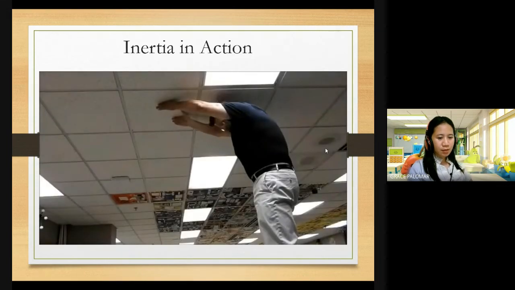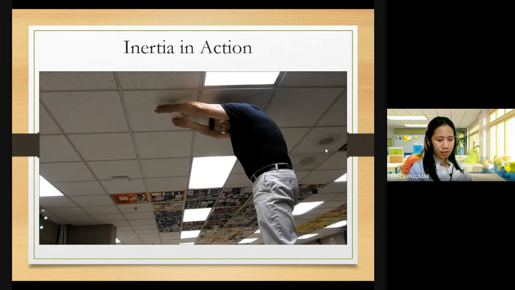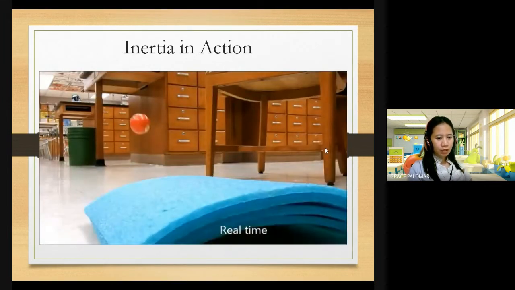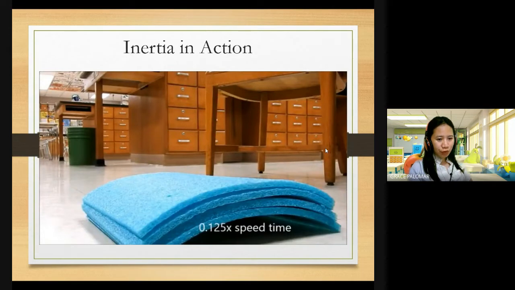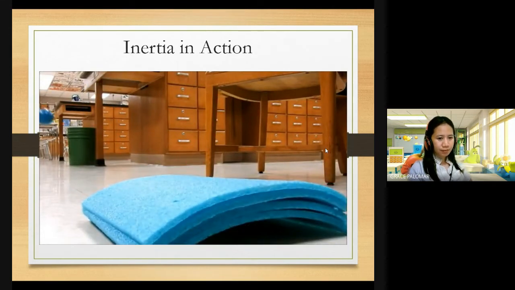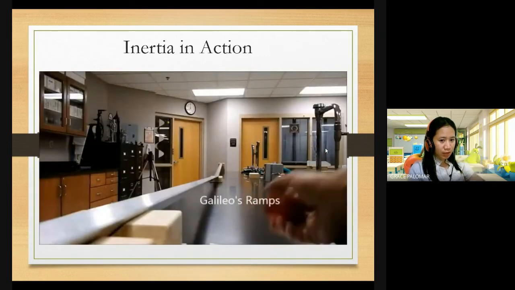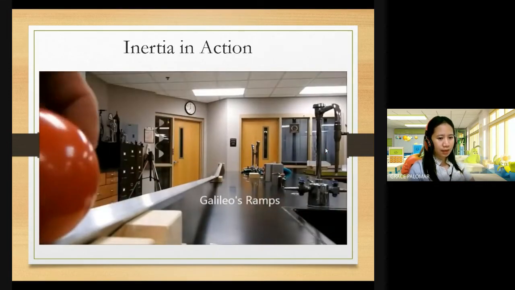Another example is the ball drop, a hollow blue plastic ball and a red billiard ball. When you reduce the speed to 0.125 times the speed, all of them are able to fall on the ground at the same time. It will continue to move or rest unless you really put an unbalanced force.